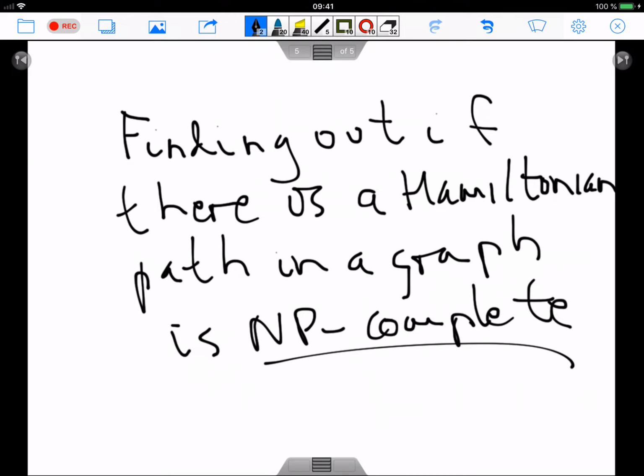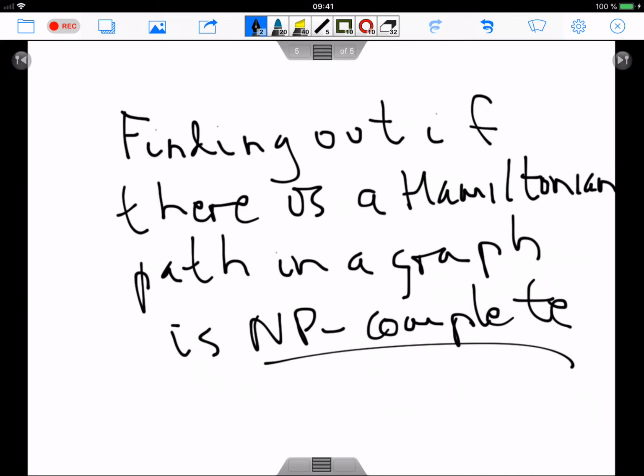So what can we do with the problem of Hamiltonian paths? Well, we can do several things. We can try to solve it by brute force.